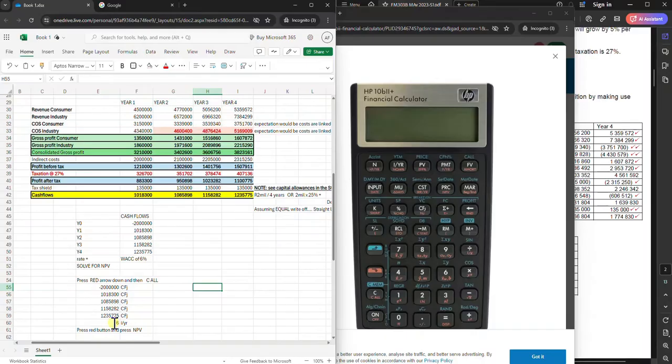Yeah, you can tell me what the NPV is. I'm going to work it out as well. 2440. Okay, just hold on. Let me work it out first, and then you can tell me what it is.